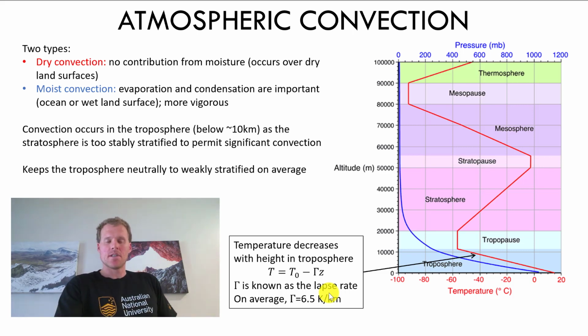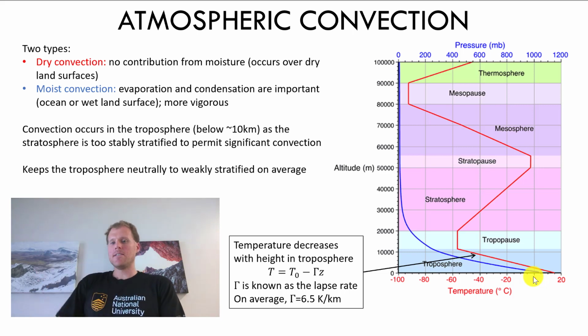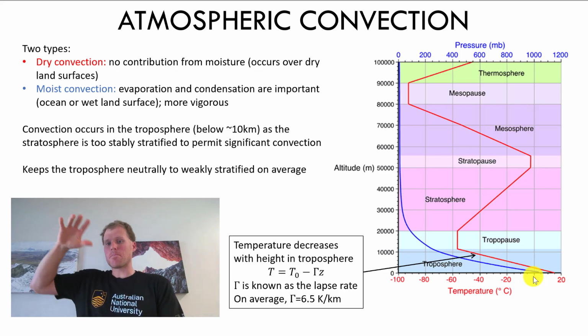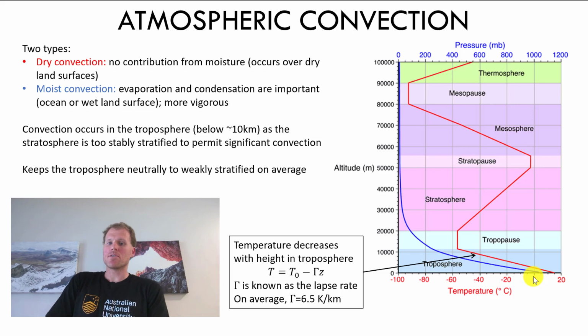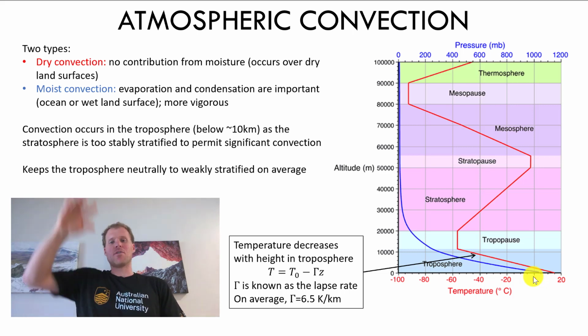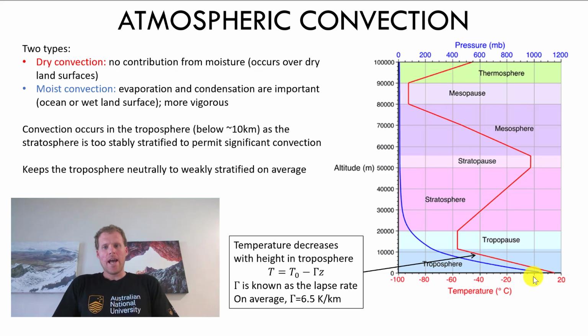And so here in this plot, you can see the pressure that's shown in blue. So of course, pressure is much higher near the Earth's surface because you've got the whole weight of atmosphere sitting above you. So that's hydrostatic balance, which means you must have higher pressure at the surface. And that reduces as you go up because you have less and less of the atmosphere above. And this pressure influences the temperature. And so we have to account for that influence when we're thinking about the stability or the buoyancy of the atmosphere.